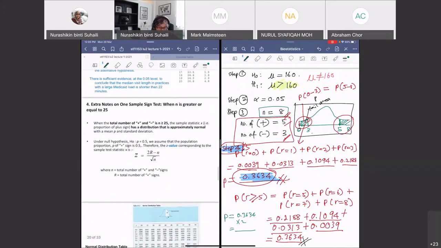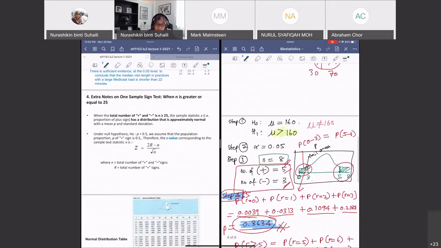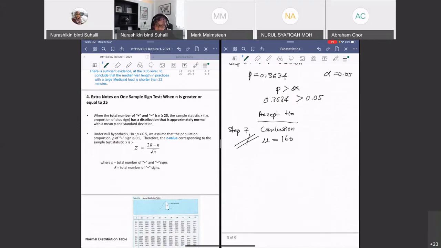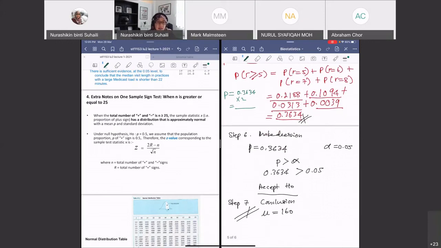Okay, extra notes on one sample sign test. What happens when n is greater than or equal to 25? In most of the problems, just now you saw the n is less than 25.